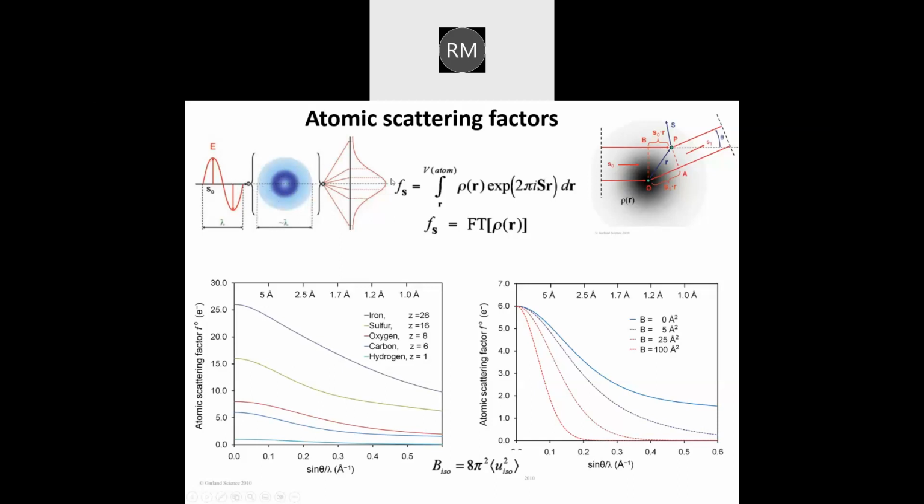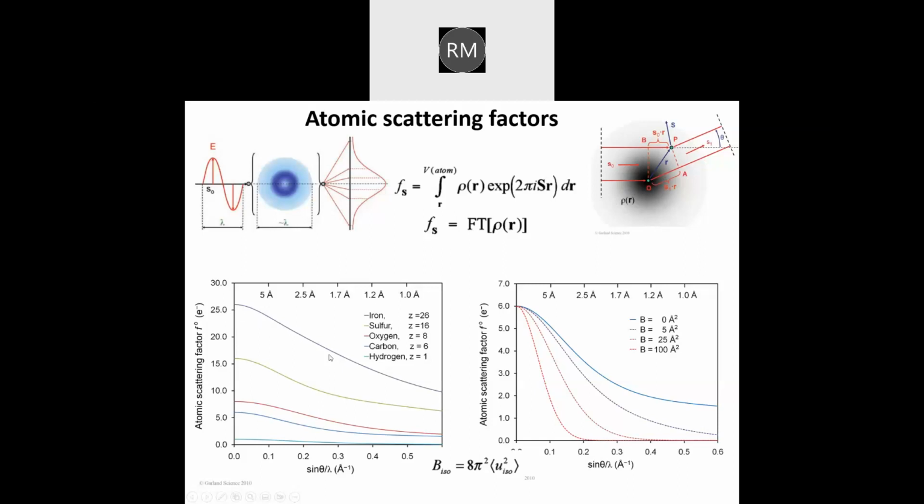This is just from a single atom. This Gaussian diffraction pattern is nothing but a Fourier transform of the electron density.